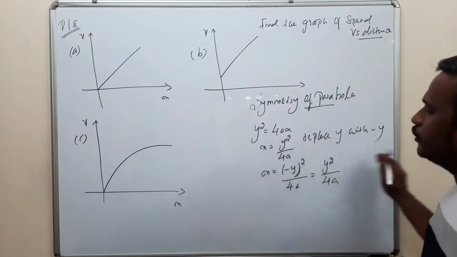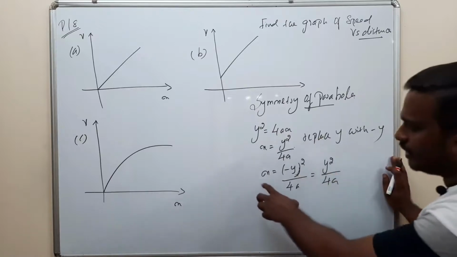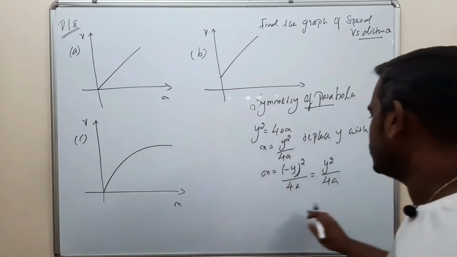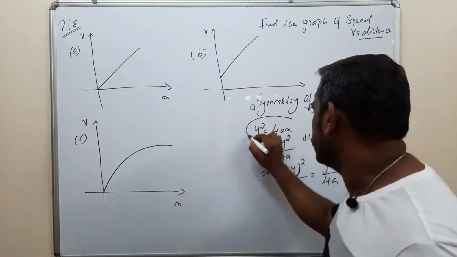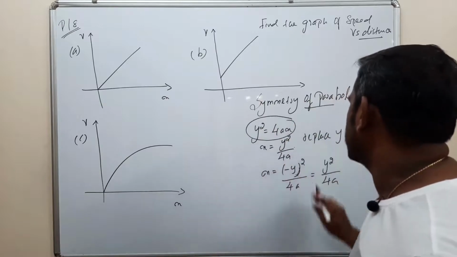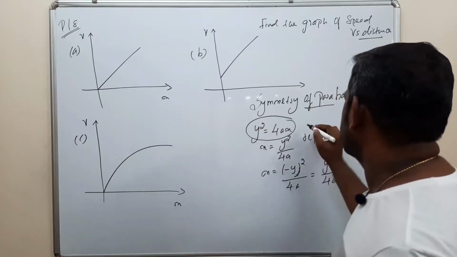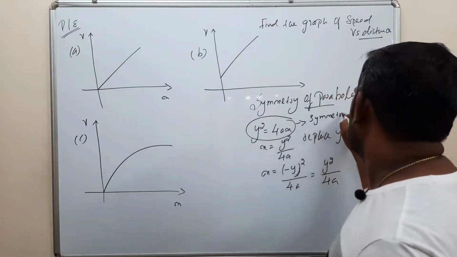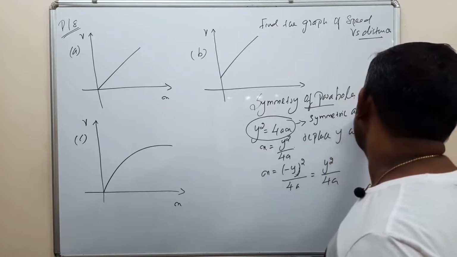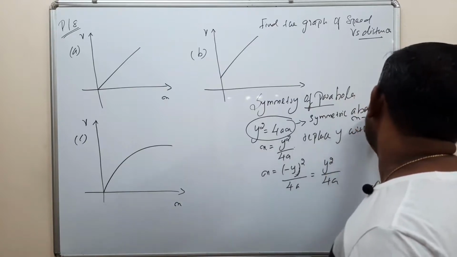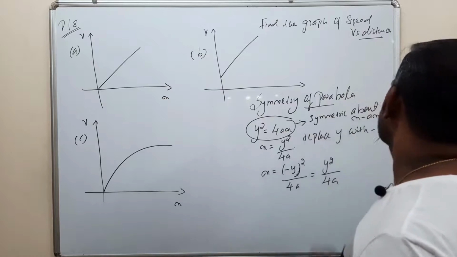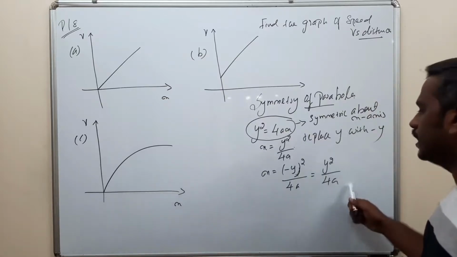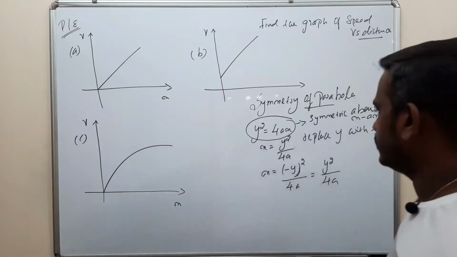Even though we are replacing y with minus y, we are getting the same value. So this parabola, y square is equal to 4ax, is symmetric about the x-axis.